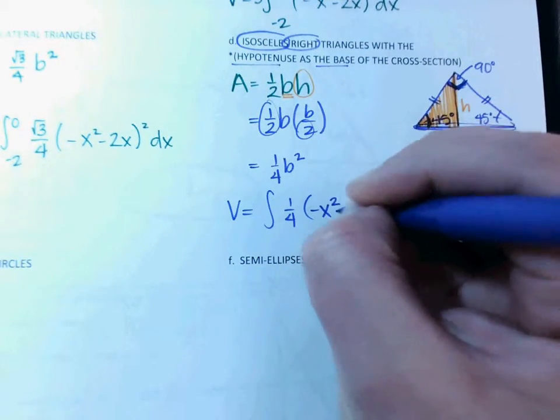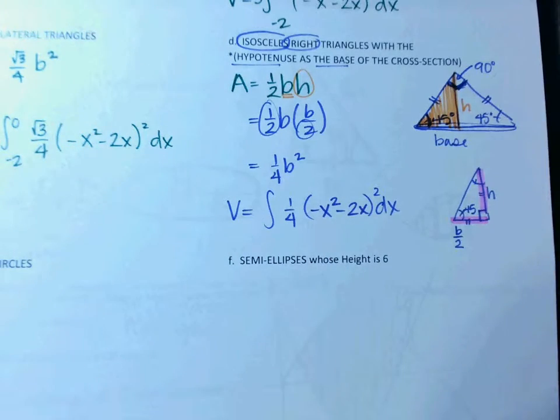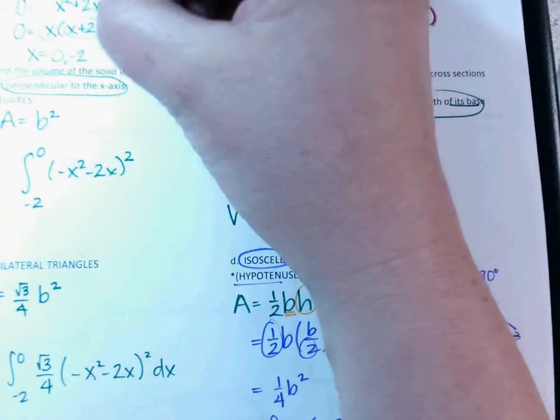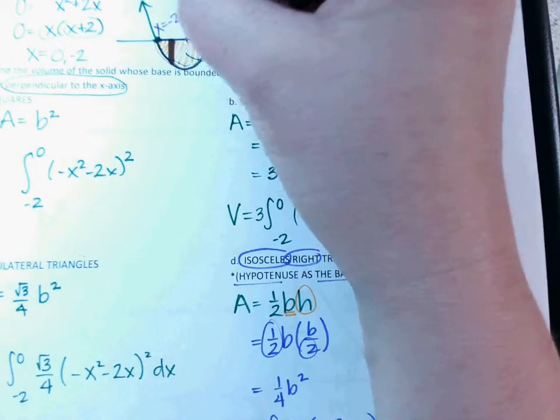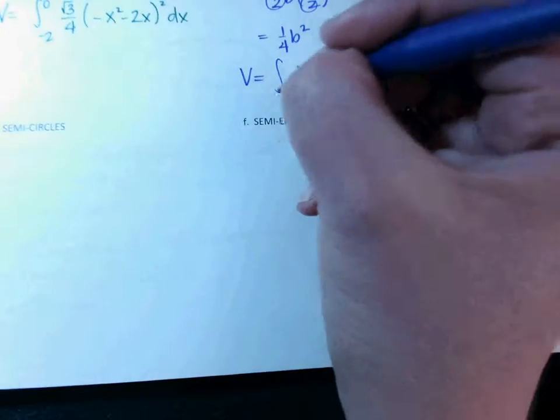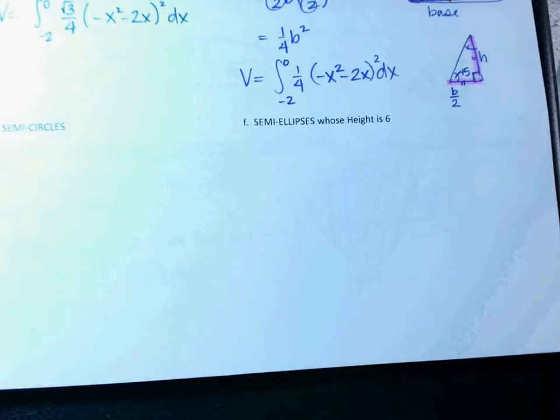Negative x squared minus 2x. Now remember that my endpoints are going to be the same as they were previously for the region. Remember we said that it was from -2 to 2. I'm sorry, -2 to 0. So those are going to be the endpoints on my integral. So -2 here, 0 here. And that would be your answer.